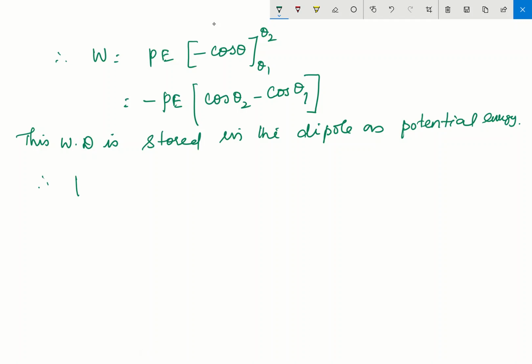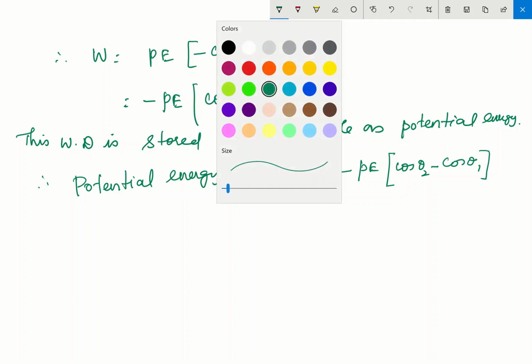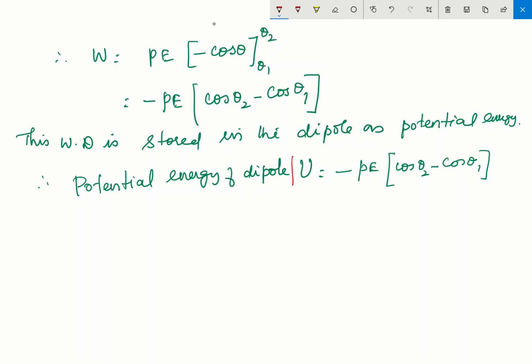Therefore, the potential energy of the dipole, U, is equal to minus P E cos theta 2 minus cos theta 1. So this is the expression for the potential energy of a dipole. Are you following? Right. Now, special cases.